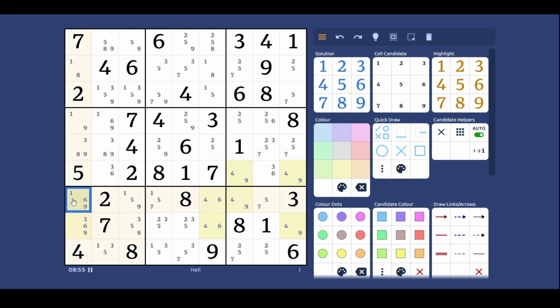We could see those guardian candidates are 1 and 3, because those appear more than twice in their respective houses. So anything that would eliminate both this 1 and the 3 can then be eliminated. There aren't really any candidates that directly do that, but we could see that our 6 here is restricted to these two cells in the house.